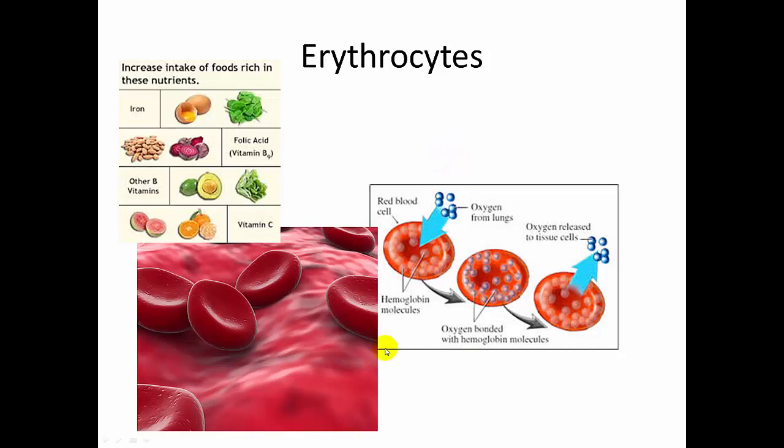And so it requires these nutrients and proteins in order for a good, normal, oxygen-carrying red blood cell to be made.